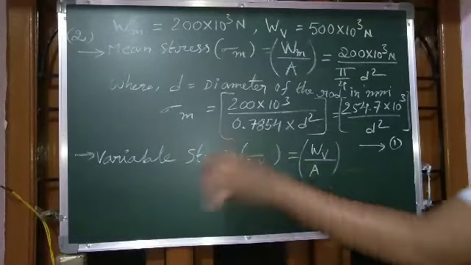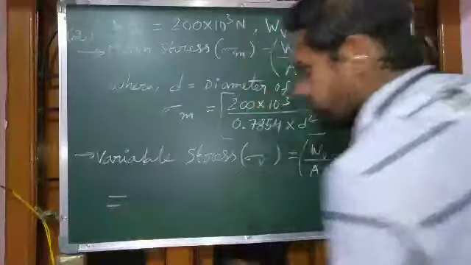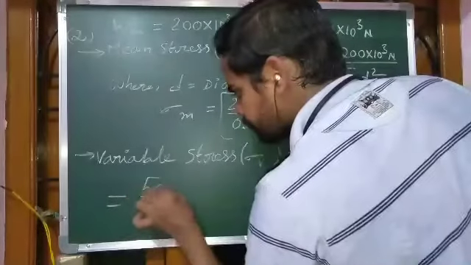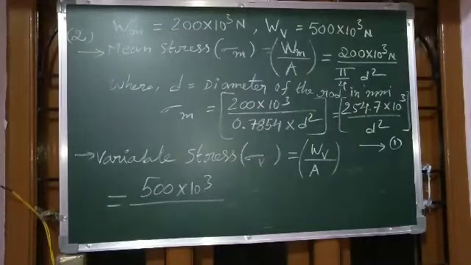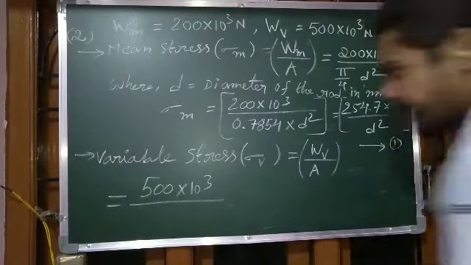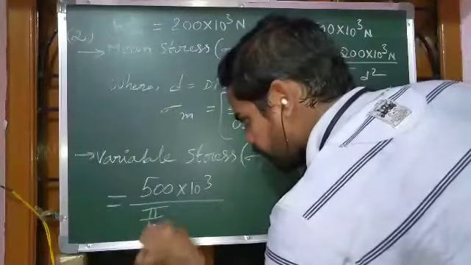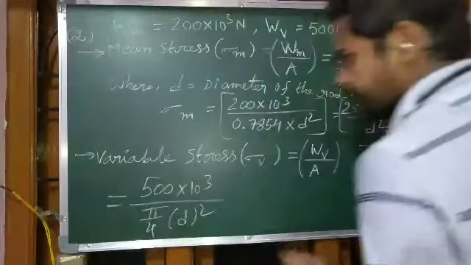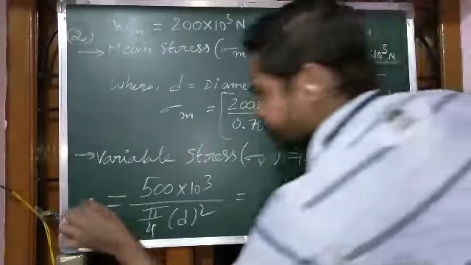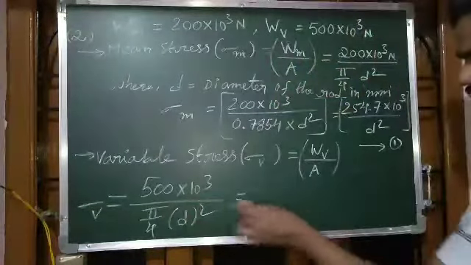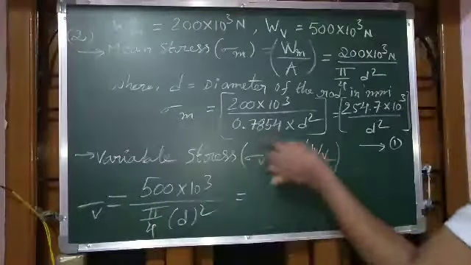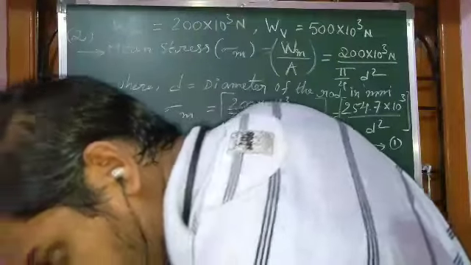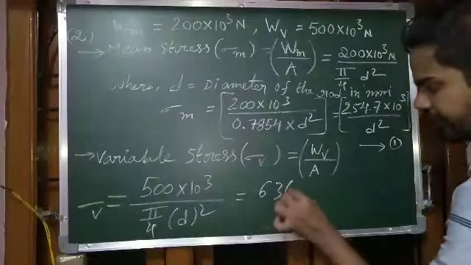The variable load is 500 into 10 cube, divided by the area, which is pi by 4 into d square for a circular rod. So 500 into 10 cube divided by 0.7854. After calculating this relation, we get 636.62.